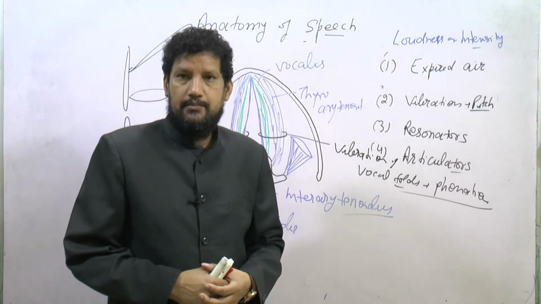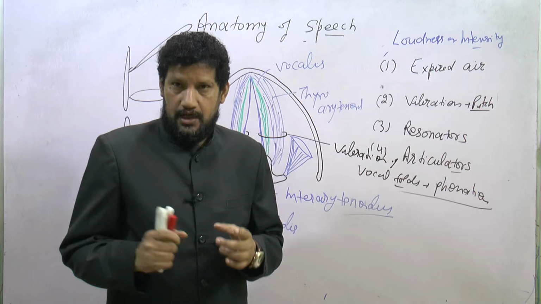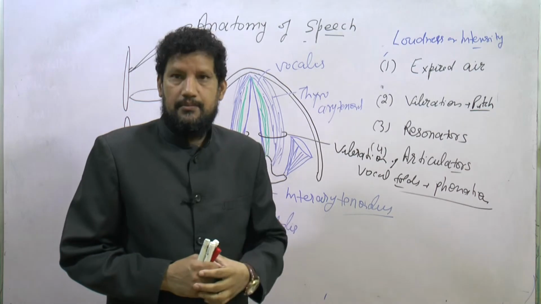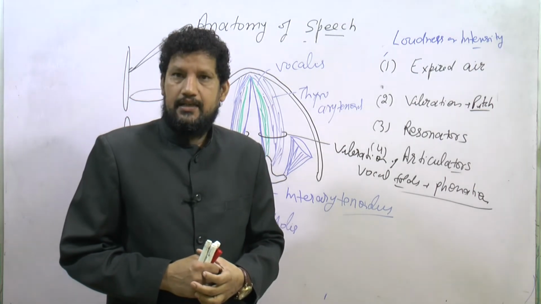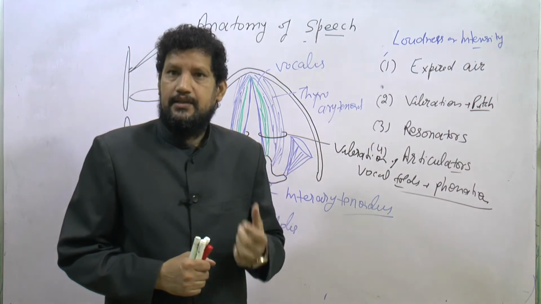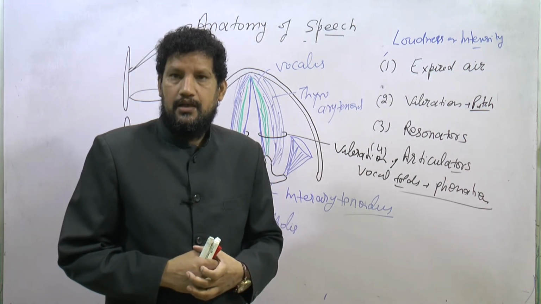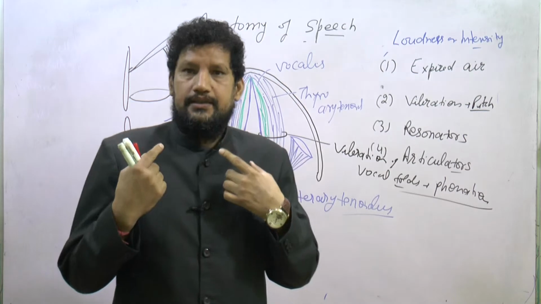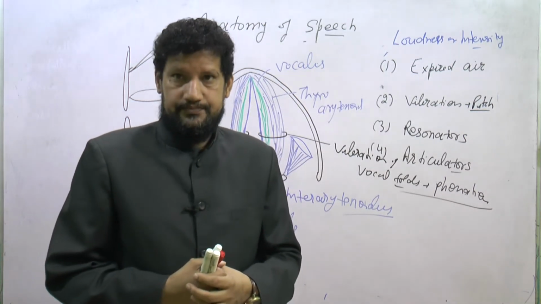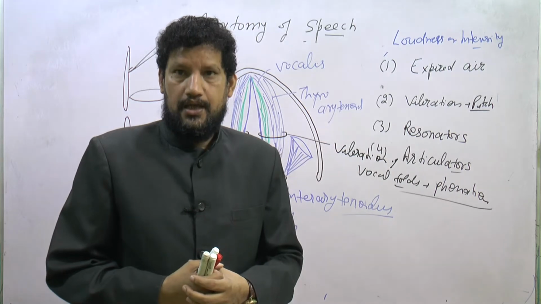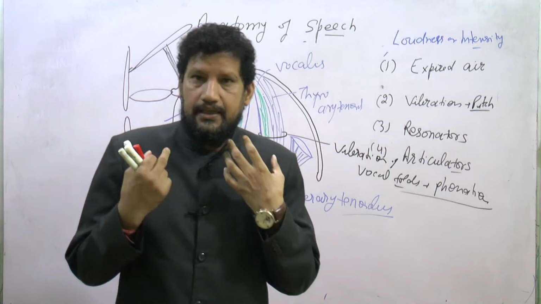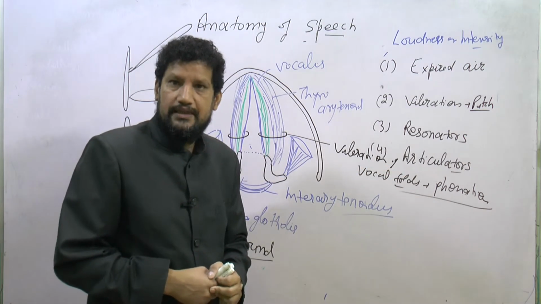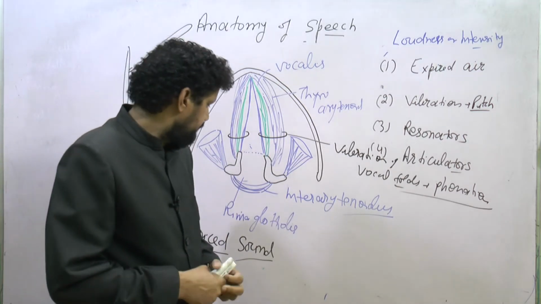When I say P, the sound is produced by the action of the lips. When I say Ka, it is produced by the action of the palate. And almost all unvoiced sounds are produced by the action of the muscles of the tongue. So P, K, Ka are produced by the articulators, and these sounds are known as unvoiced sounds.